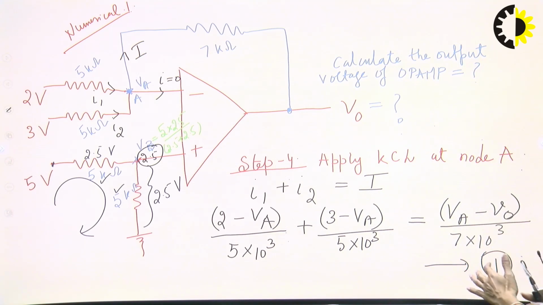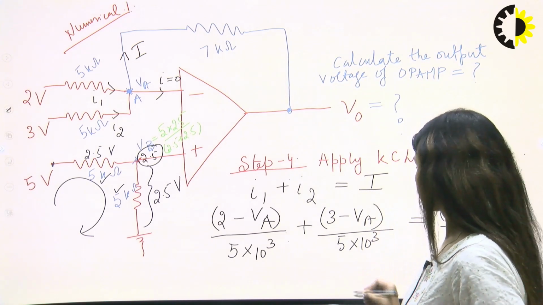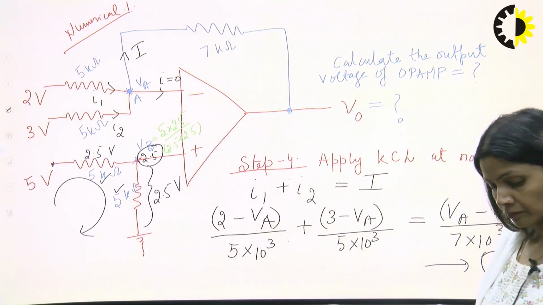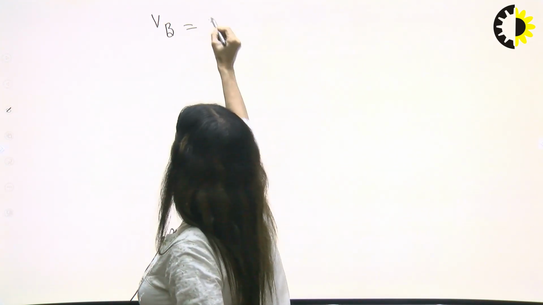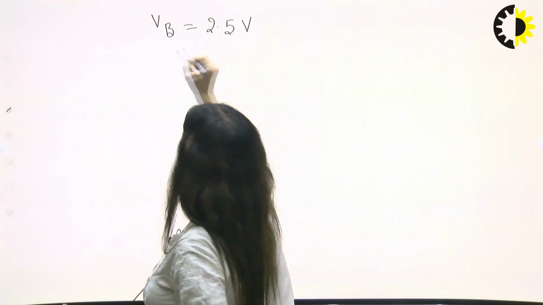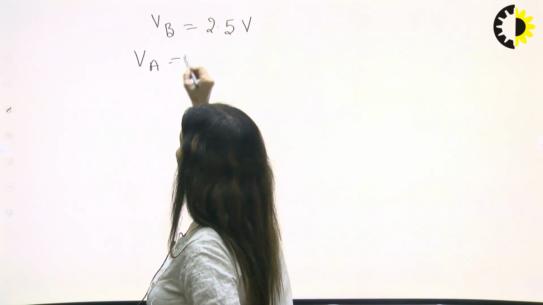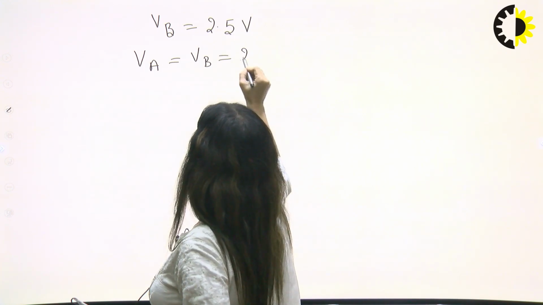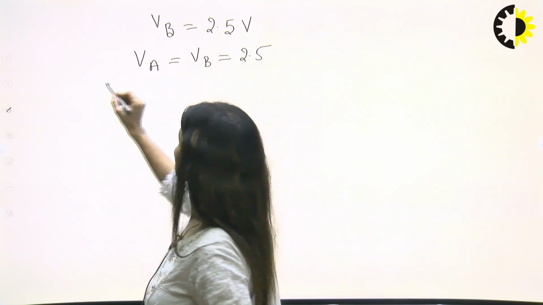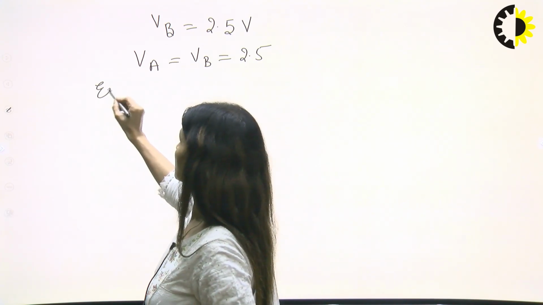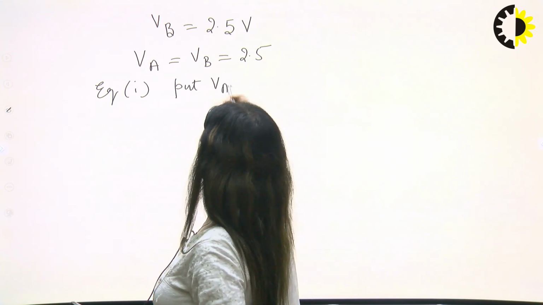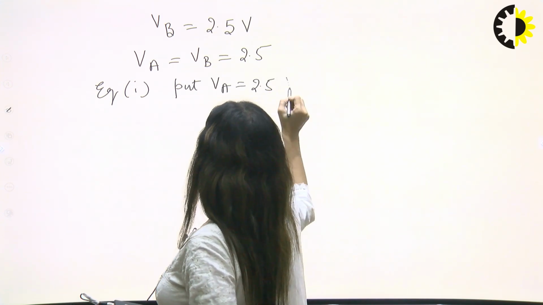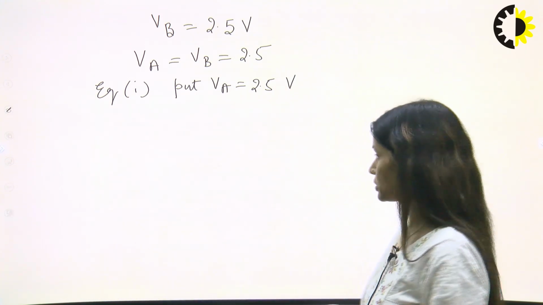Now since VB is equal to 2.5 volts, I have calculated VB as 2.5 volts, and from the virtual ground concept VA is equal to VB, which is 2.5. Now I will put VA equal to 2.5 volts in the equation and solve the question.